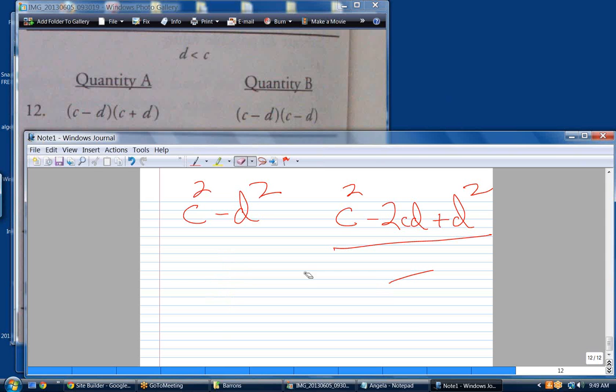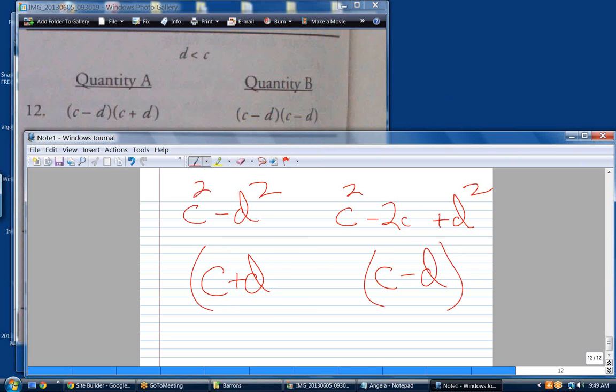So really what I'm comparing is a c plus d compared to a c minus d, right? Okay, and if I know that d is less than c, then quantity A would have to be larger.